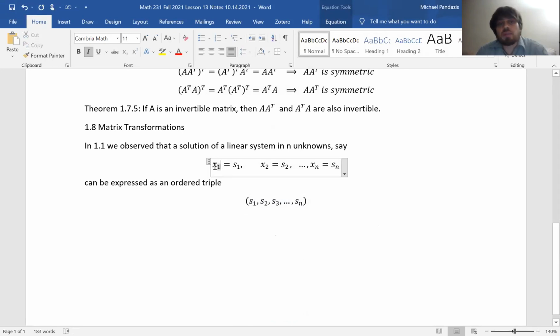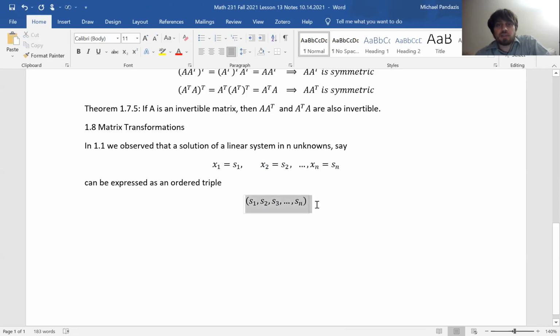So the assignment where x1 is s1, x2 is s2, and so forth, xn is sn. s1 being the first coordinate means that's the value you assign to x1. s2 being the second coordinate means that's the value you assign to x2. Dot, dot, dot, sn is the last, nth coordinate, which means that's the value assigned to the last variable xn. Okay, and so that's a concise, fast way to tell the reader what you're assigning each unknown in your solution.